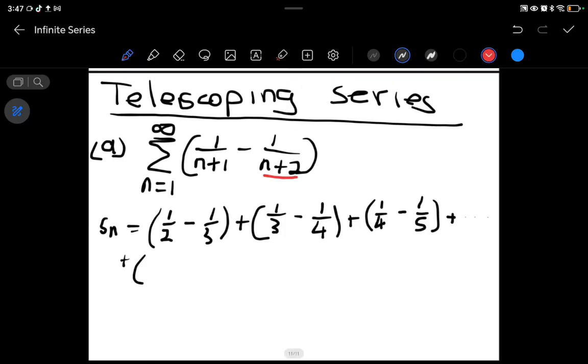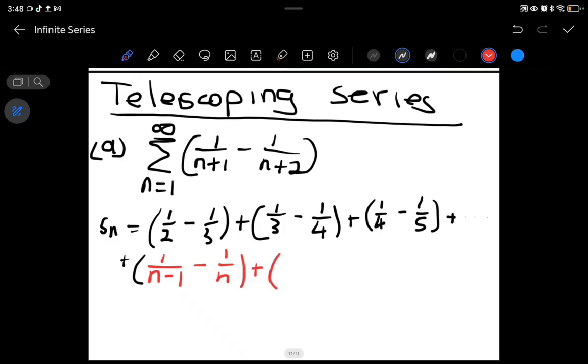Now I'll be forced to plug the opposite of this, n minus 2. If I plug n minus 2 on n plus 1, what am I going to get? n minus 2 and n plus 1, I'm going to get n minus 1. We agree, right? Then if I plug n minus 2 here, I'm going to get minus 1 over n.